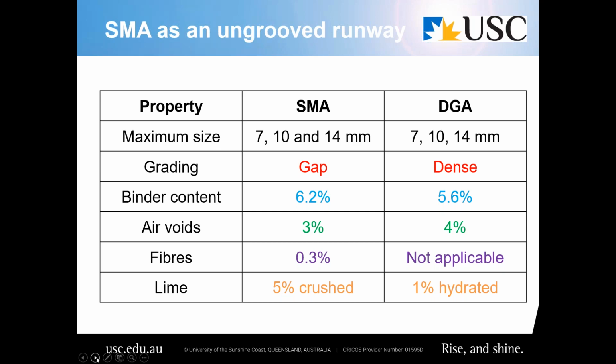Because of all that bitumen, we have to put some fibres in there. The idea of those fibres is that they stop the bitumen from pooling at the bottom of the mix during transportation. And because we need all these extra fines to fill those voids up, instead of using hydrated lime, like we would usually use in airport asphalt, we use crushed limestone.